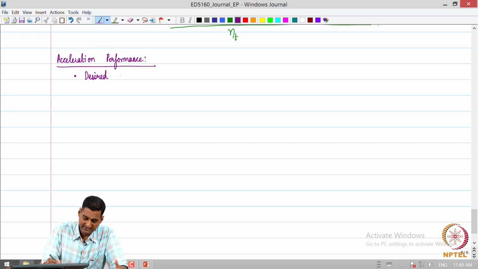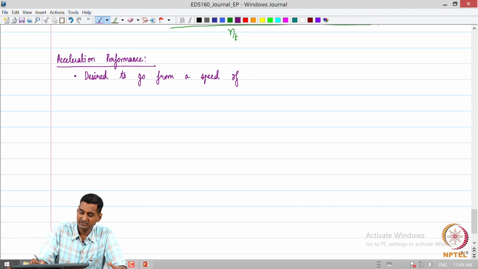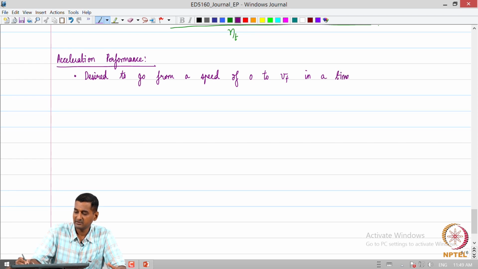Let us say we desire to go from a speed of 0 meters per second to Vf in a time interval of Tf seconds. That is our requirement.